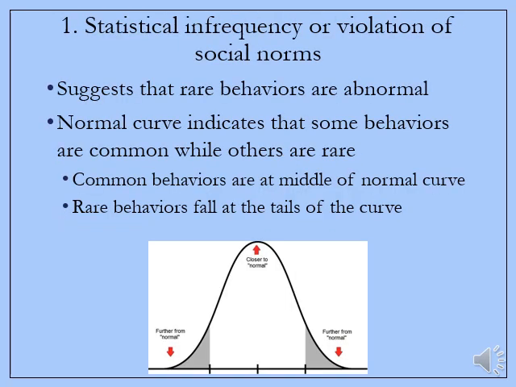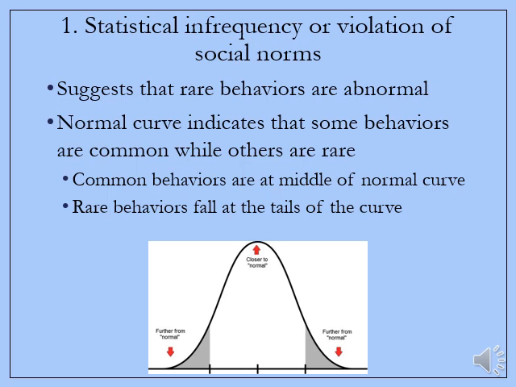For statistical infrequency or violation of norms, this suggests that because a behavior is rare, it is necessarily abnormal. The ideal model for this would be a normal curve. Most of you are probably familiar with a normal curve, but in case you're not, it's just a distribution of scores in the average population.